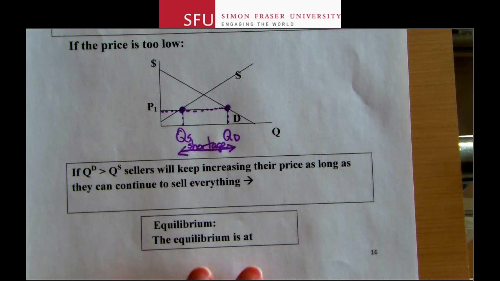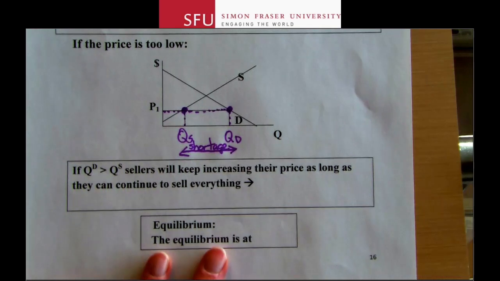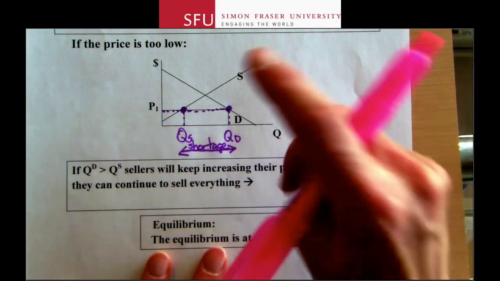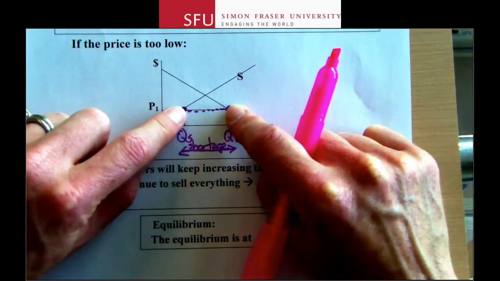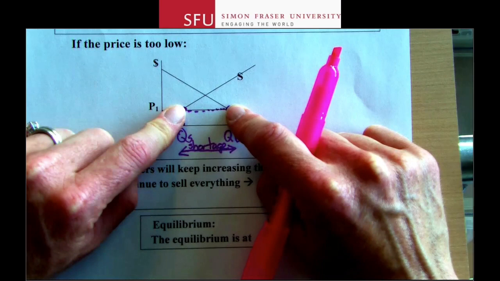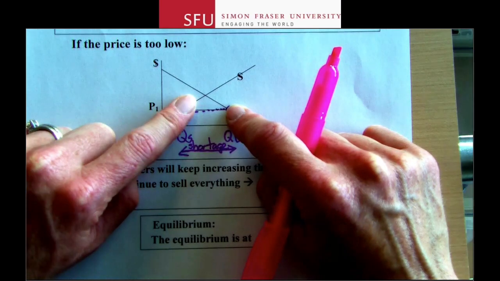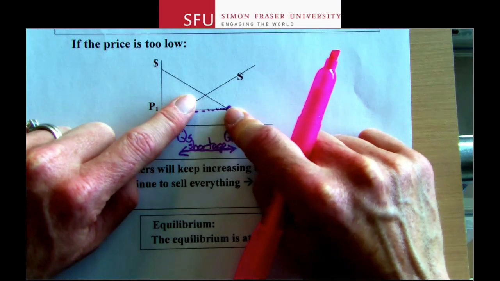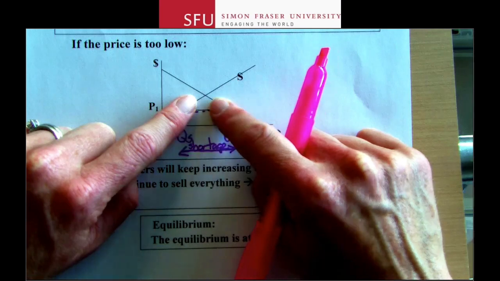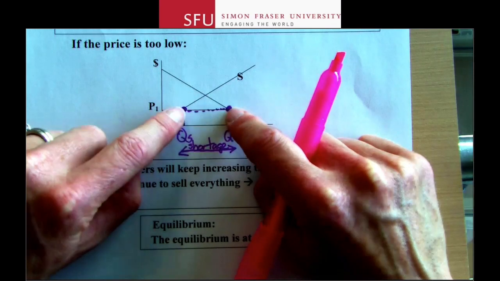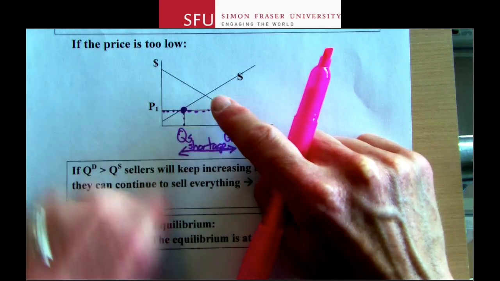So the seller will raise the price. As the seller raises the price, two things will happen at the same time. The seller will find it more profitable, so they'll start making more of the good. The buyer, as it's now more expensive, will buy less of the good. So the quantities will move towards each other.